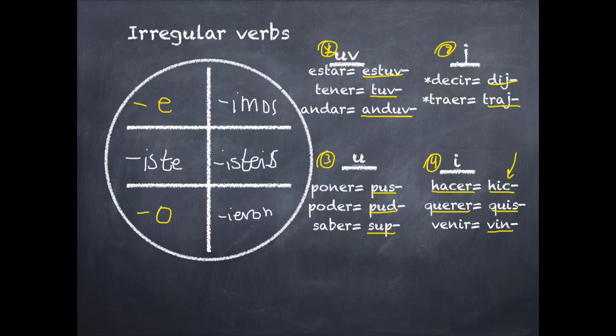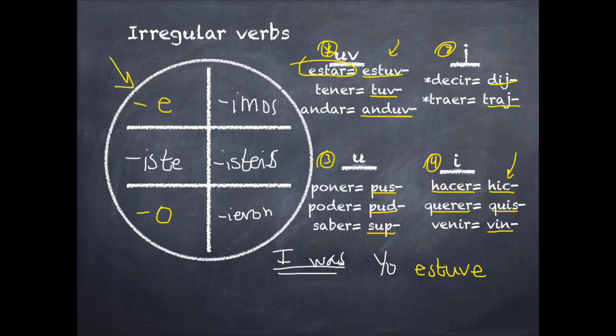So how does this work? Well, let me show you. For example, if I wanted to say I was in Spanish, we know it's going to be in the yo form, right? And we know we're going to use the verb estar right here, okay, because it's up there. So you say yo, and we know we're going to have an irregular form, estuv, but because it's in the yo form, we're going to use that verb ending, the yo form.